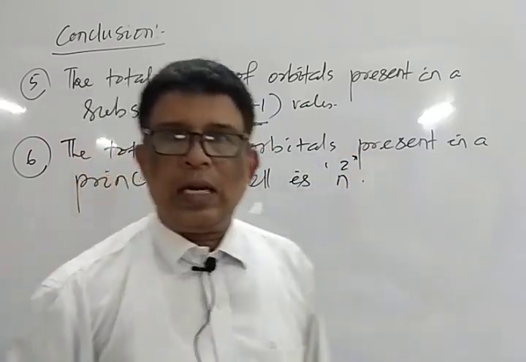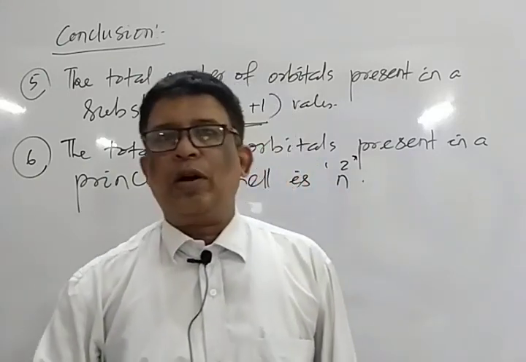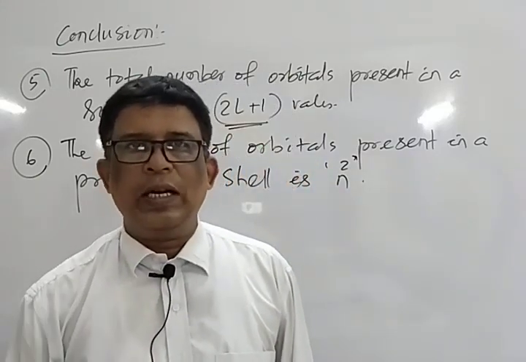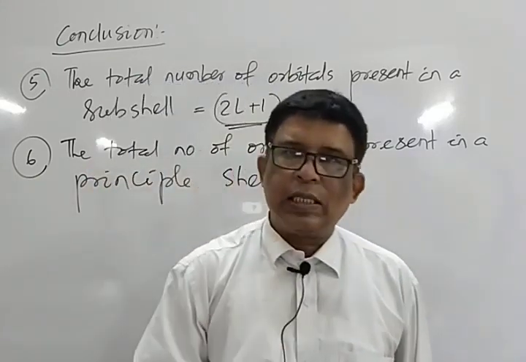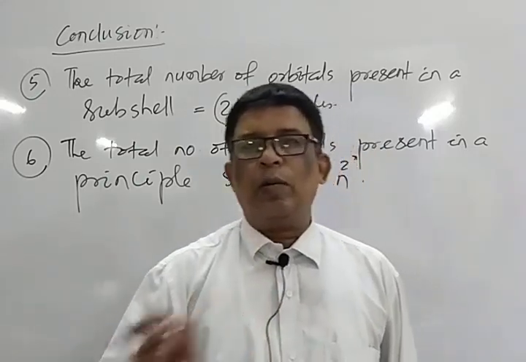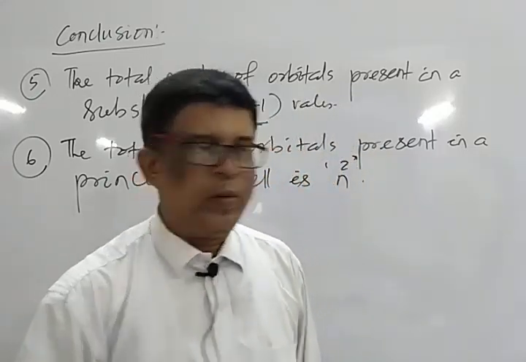In a particular cell, the total number of orbitals present is equal to n square. That is, in the first cell, n is equal to 1. Number of orbitals is 1 square. That is 1. Mark that.